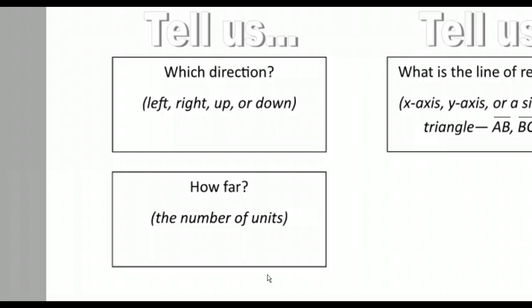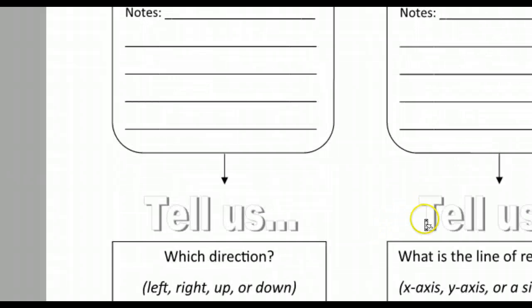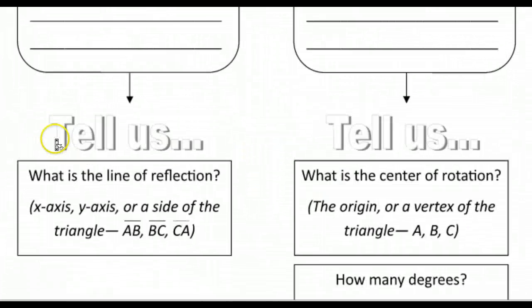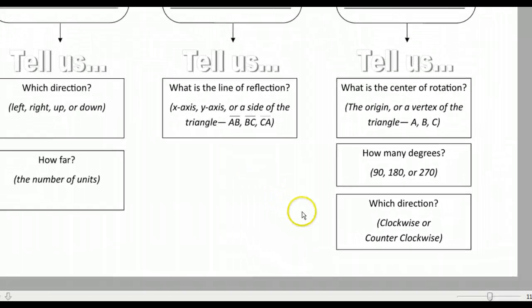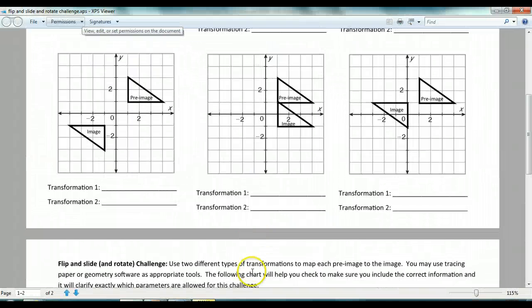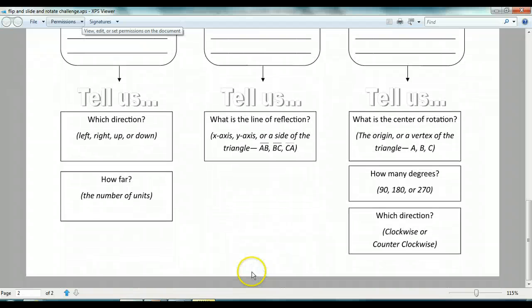They can go through and check off those items to make sure that they both are on there. And you can see we can apply the same thing for reflections and for rotations. So this is a way to allow the students to do what is a very involved process.